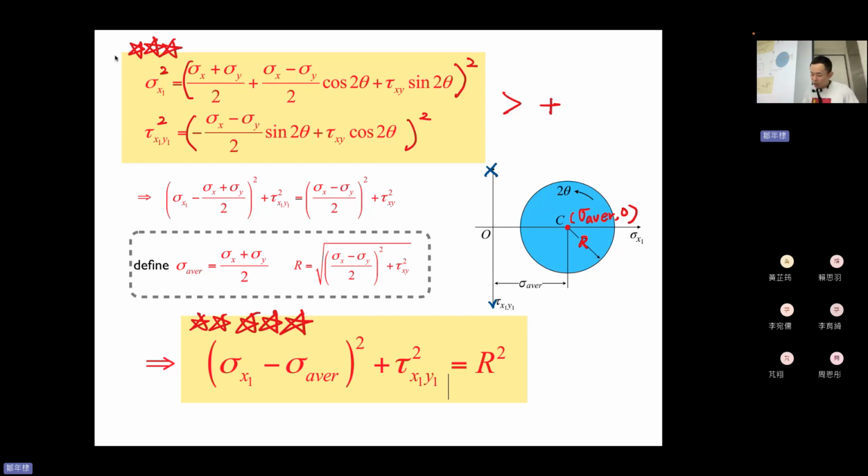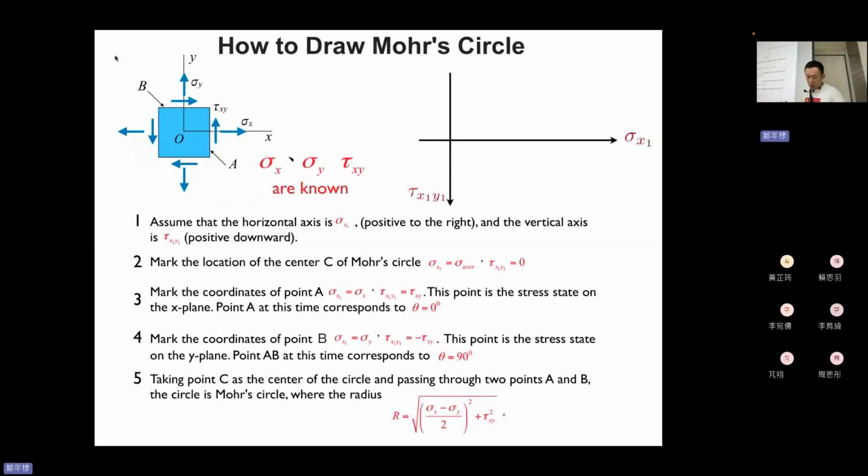So next page, how to draw a Mohr circle. Again, sigma x, sigma y and tau xy are known, right? We know that before. Then we need to draw it, and the really important thing here is how to draw that.